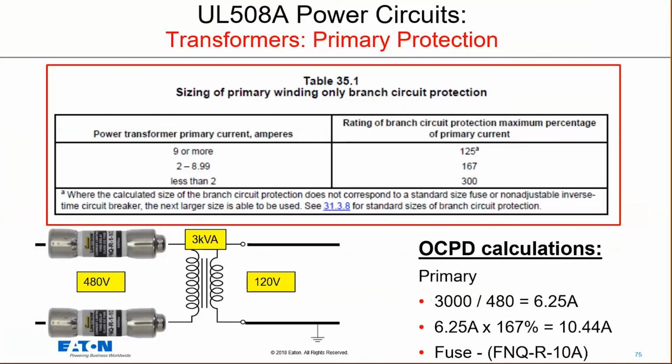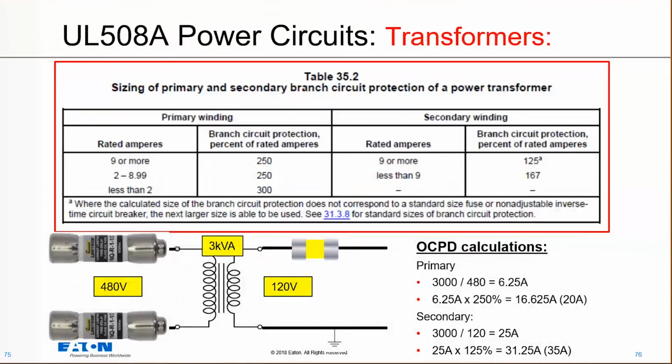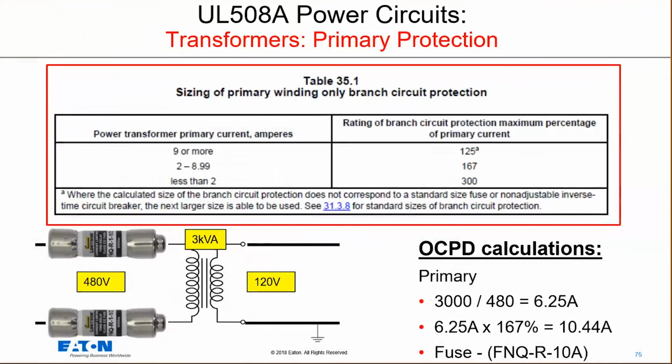So that's how we get the 167%. So when we did our calculation, that's the primary current rating. So now we can size this at 167%. So in this case, we have 10.44 amps, and we do a 10 amp FNQR fuse on that device.